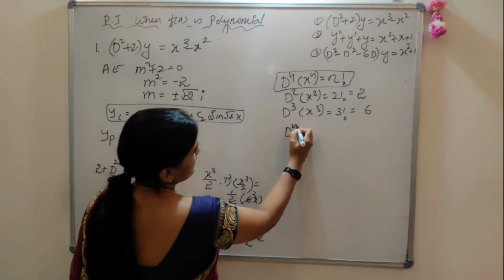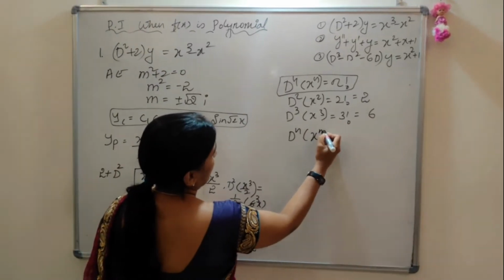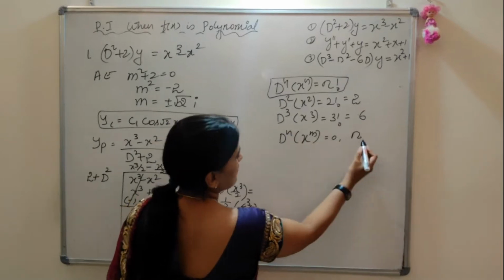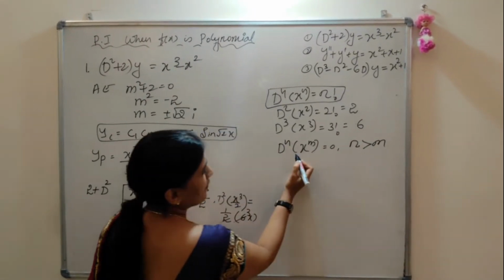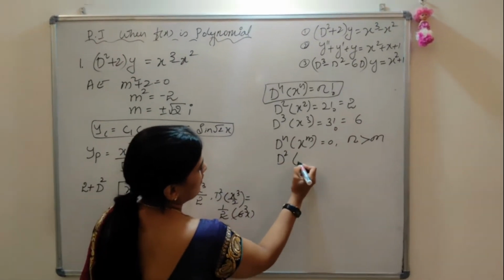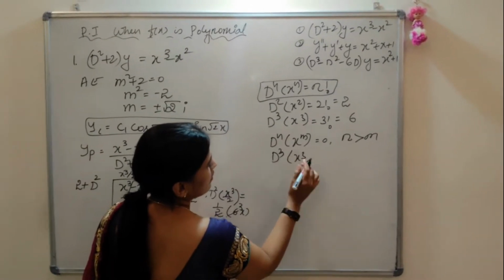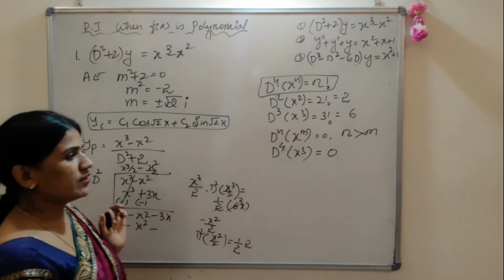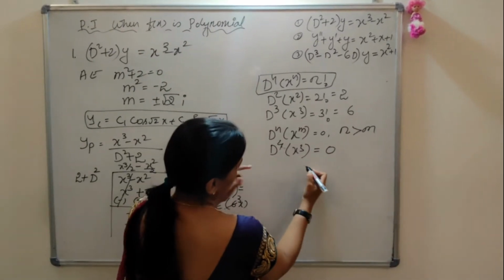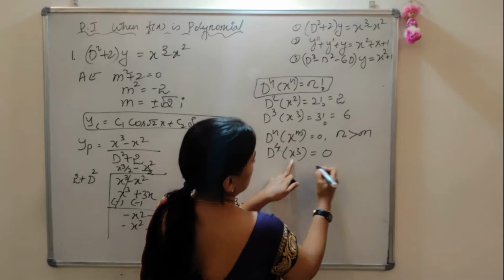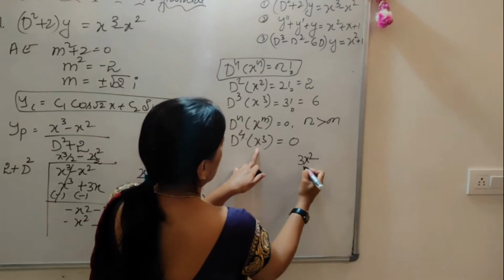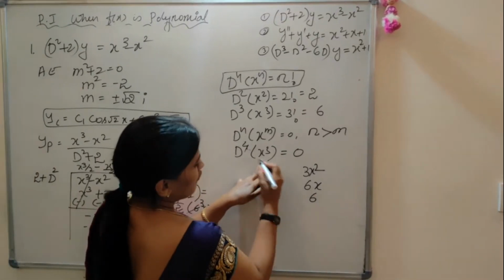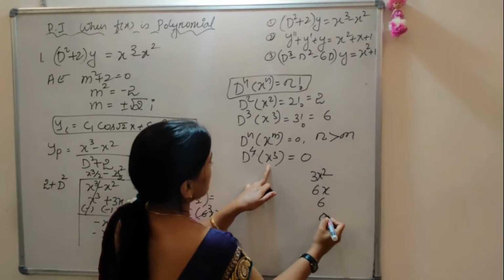In the same way, D power n of x power m is equal to 0 when n is greater than m. For example, D power 4 of x cube will give 0. Check it: differentiating x cube once gives 3x square, again gives 6x, the third time you get 6, and the fourth time you get only a constant, so it is 0.